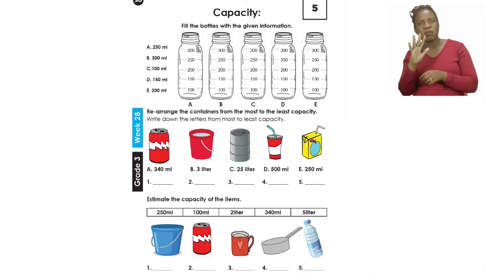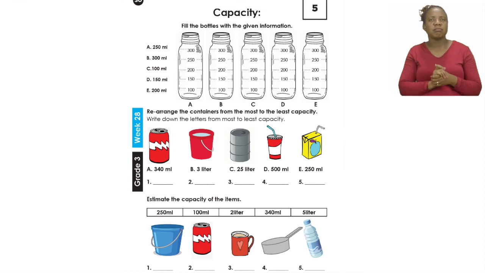But there is one more activity that we shouldn't forget about, and this is where we have to estimate. There it says estimate the capacity of the items. Remember grade 3s, when we estimate, we guess. Right.